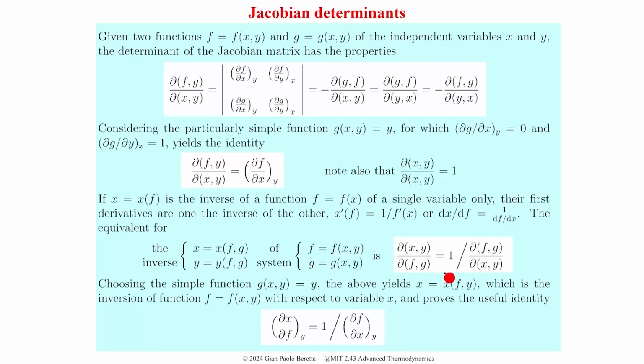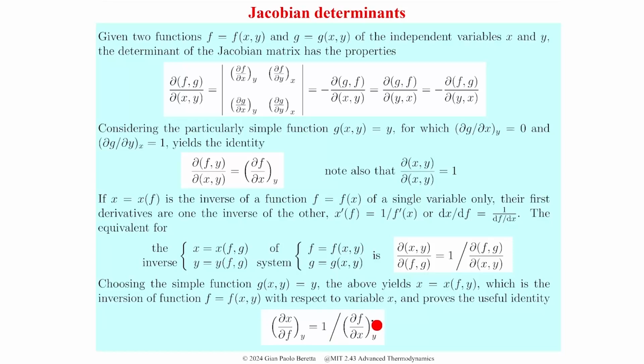And that also shows that if you choose the function g as a function of y as before, g equals y, you can prove by this relation the fact that the partial derivative of the inverse with respect to f at fixed y is equal to the inverse of the original partial derivative.